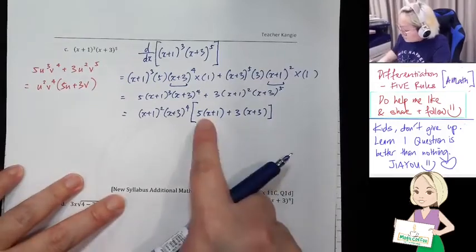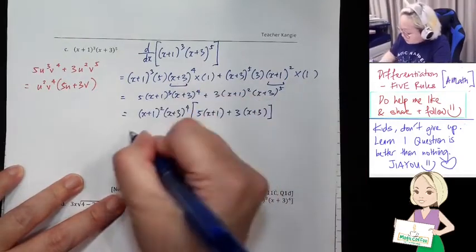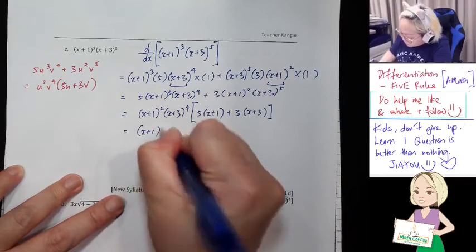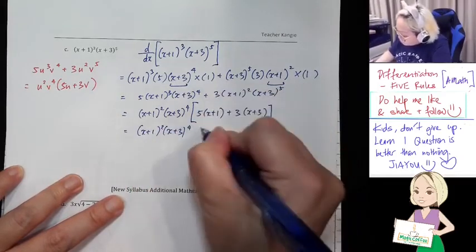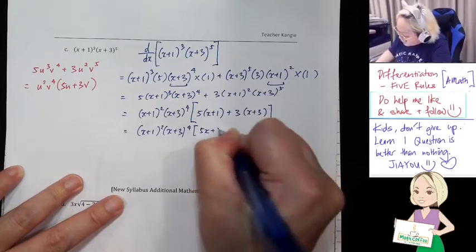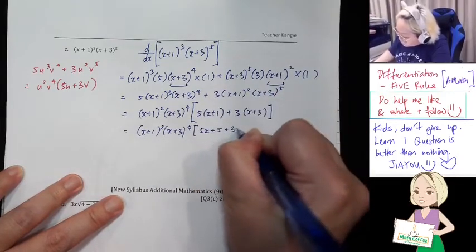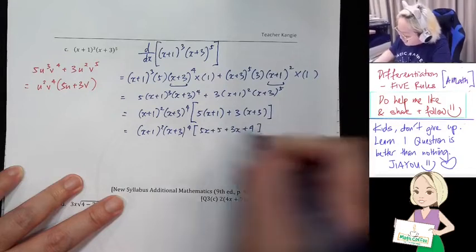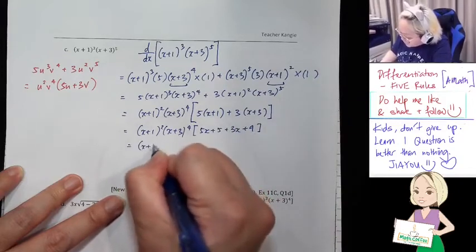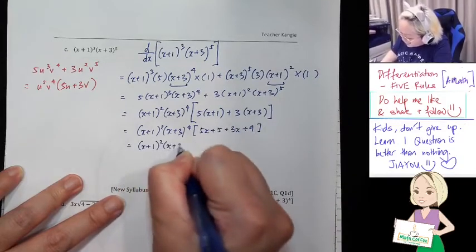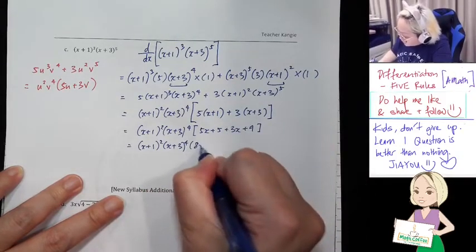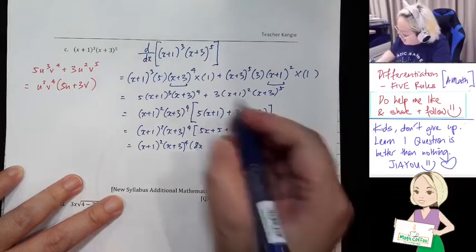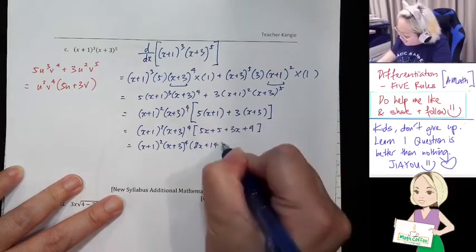Then we simplify whatever is inside the square bracket. So this one just copy. This one just rainbow. So I will get 5x plus 5 plus 3x plus 9. So I will have (x plus 1)^2 (x plus 3)^4 times 5x plus 3x, so it's 8x, and then plus 5 plus 9, so it's plus 14.